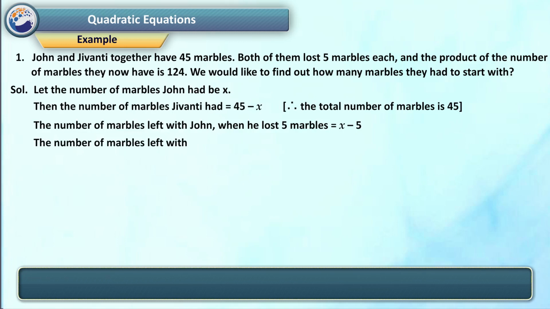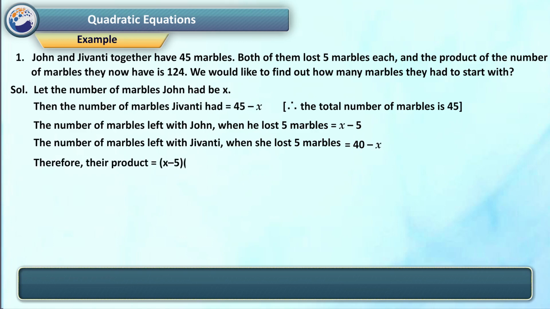The number of marbles left with Jivanti when she lost 5 marbles is equal to 45 minus x minus 5, that is equal to 40 minus x. Therefore, their product is equal to (x minus 5) into (40 minus x), that is equal to 40x minus x squared minus 200 plus 5x, which is equal to minus x squared plus 45x minus 200.